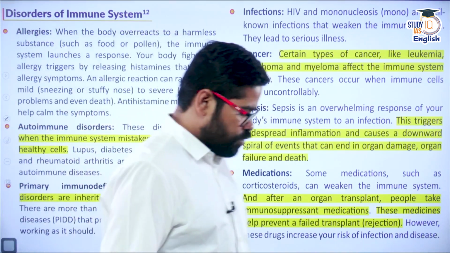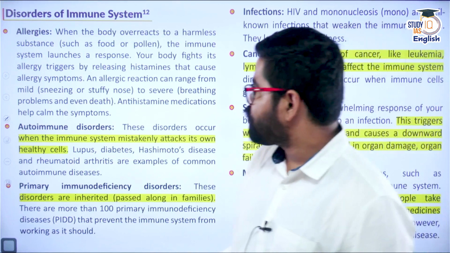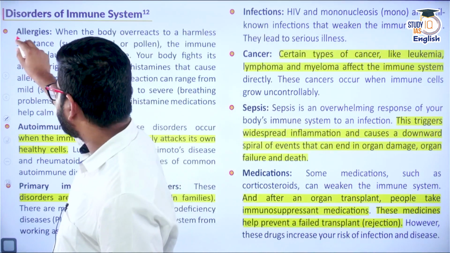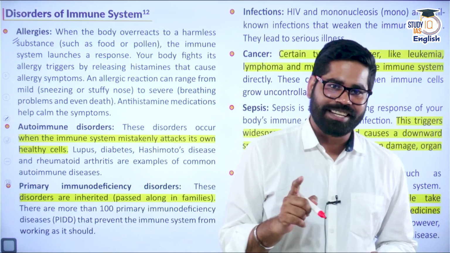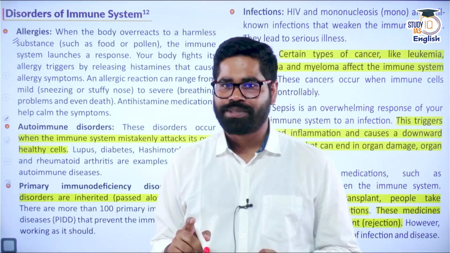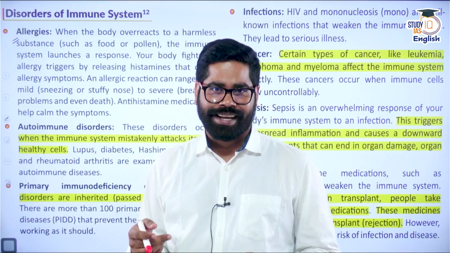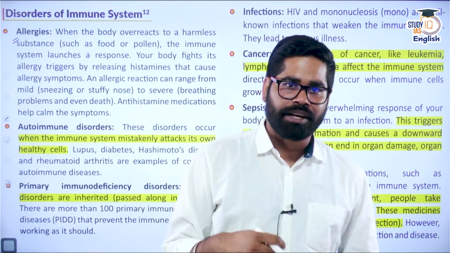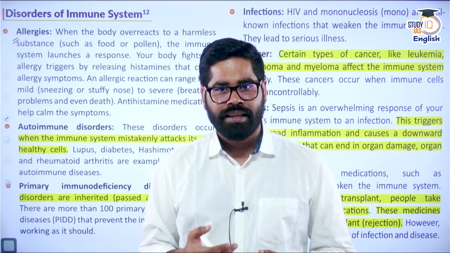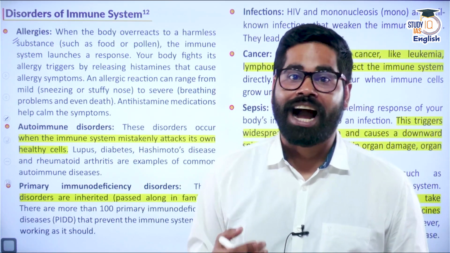Now, we also have certain disorders of the immune system. And what are those disorders? The first and very important one is allergy. You know that the immune system treats each and every substance coming from outside as a foreign substance. So sometimes it results in a disorder called allergy. In some persons, the immune system is hypersensitive.